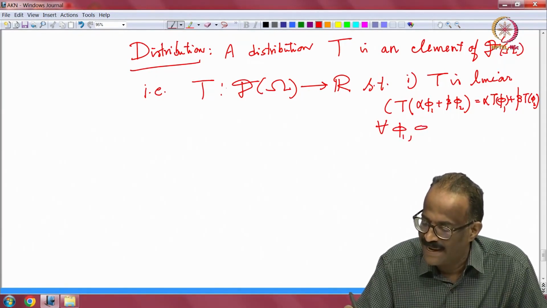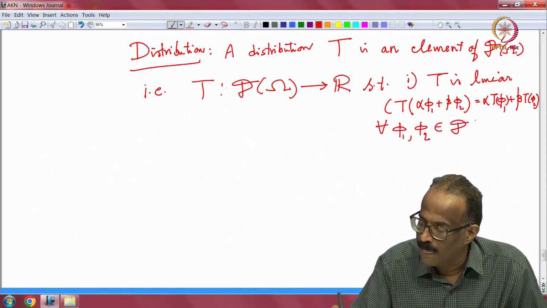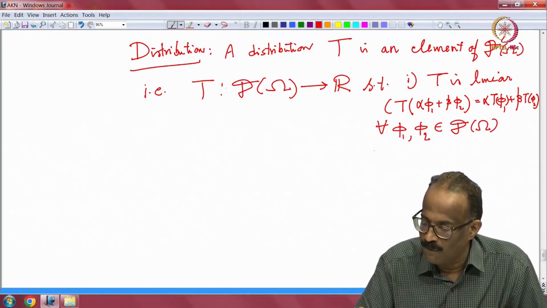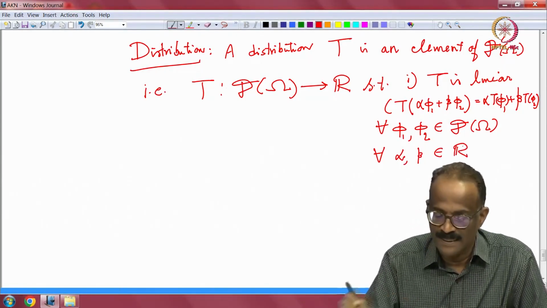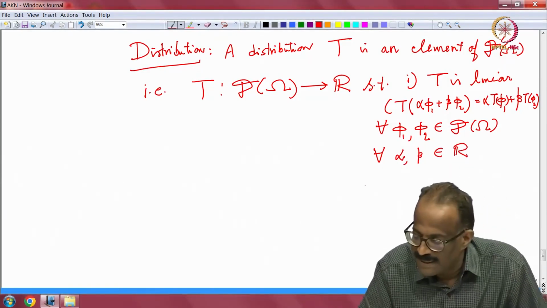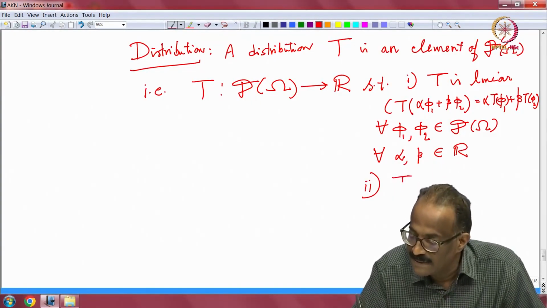So, I am giving in detail, though you know already, in D omega, and for all alpha, beta belongs to R. Okay. So, it is linear. And the second one, let me write it here itself then. Second one, T is continuous.